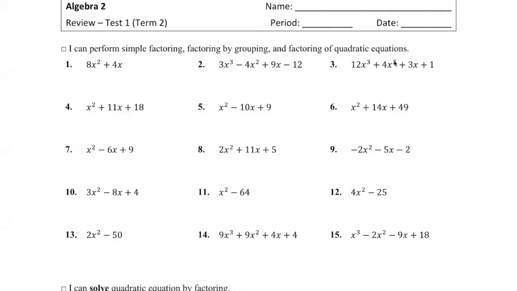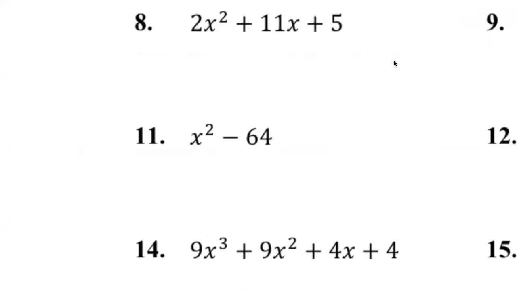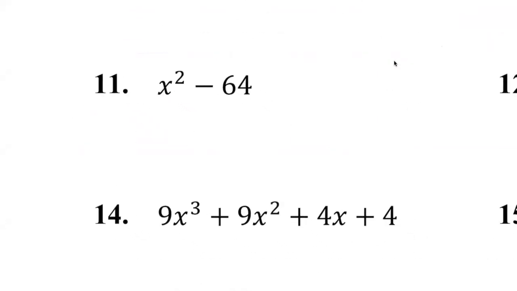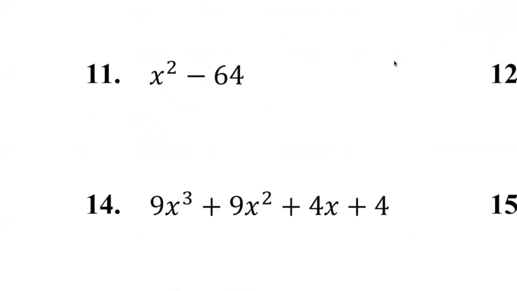Now, the second concern that I have about my students is this. For questions like number 11, what I'm afraid of is that when students look at this, they are not really automatic.